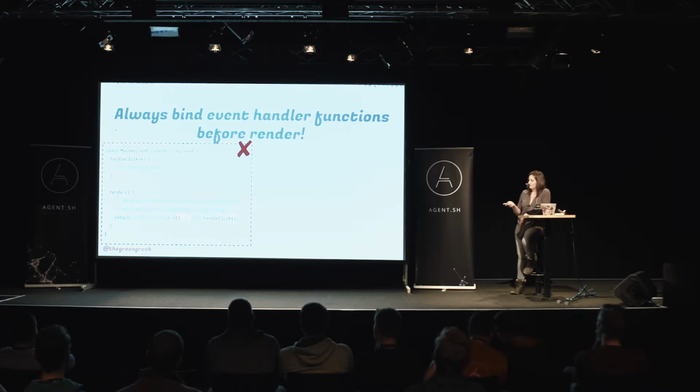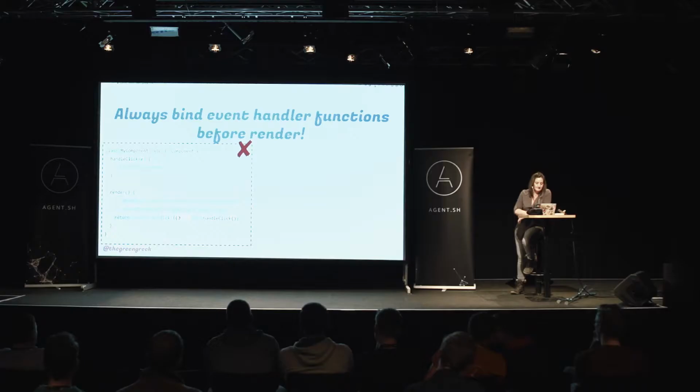So we need to reassign this to the scope that we want. And the way that we do that is we bind them. You can do this with the arrow function, which you can see right here. But because I'm doing it in render, every time I have an update, it's going to create a new function, and it's going to see that as a prop change and re-render. So how do we prevent that?